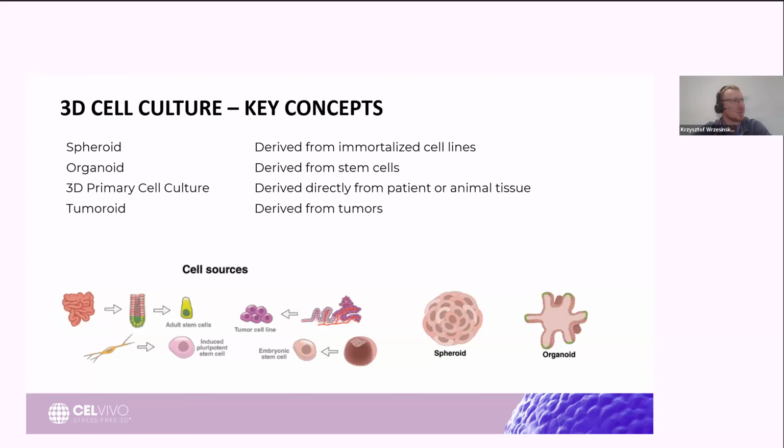And we also have 3D primary cell culture derived directly from patient or animal tissue. We also hear the term tumoroids, derived from tumors, as well as terms like assembloids, which are constructs made by fusion of different organoids.